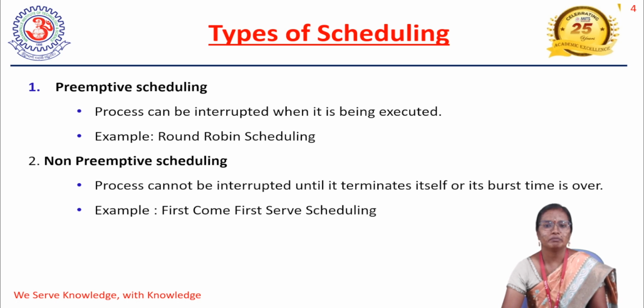But in preemptive scheduling, if a higher priority process arrives, the currently running process is temporarily suspended and the higher priority process will be assigned for execution. For non-preemptive scheduling, the best example is the first come first served scheduling algorithm.